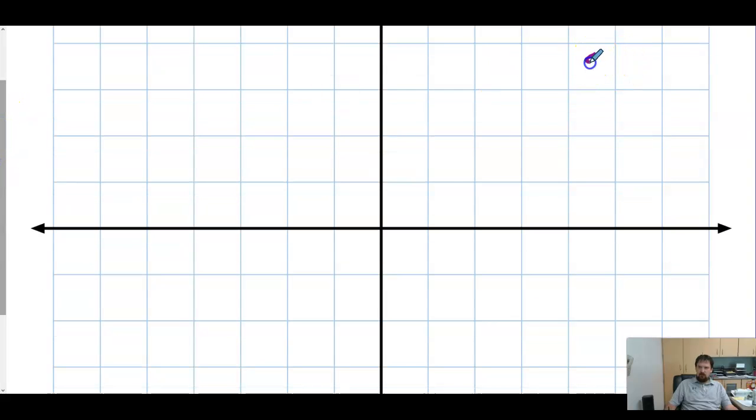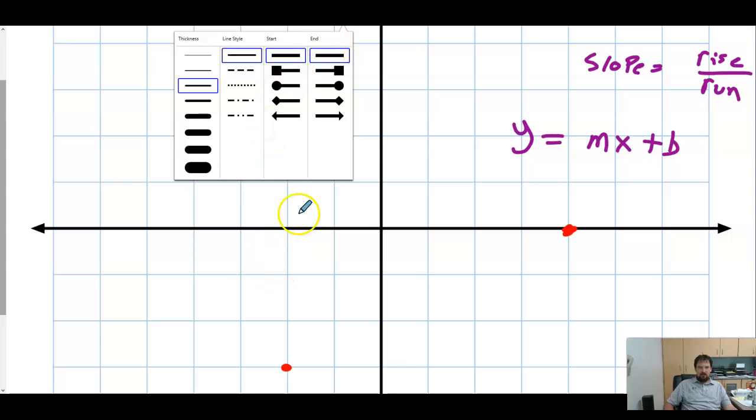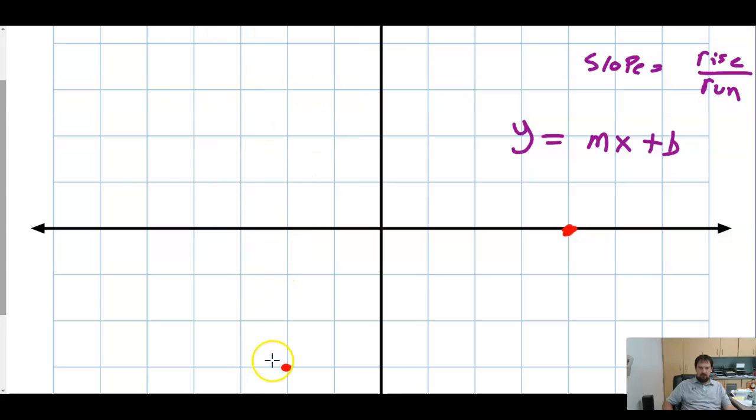So once again, remember that my slope is rise over run. Remember y equals mx plus b. Alright, let's do one where we're going through this point right here and this point right here. So I'm going to connect that to make a line, like that.